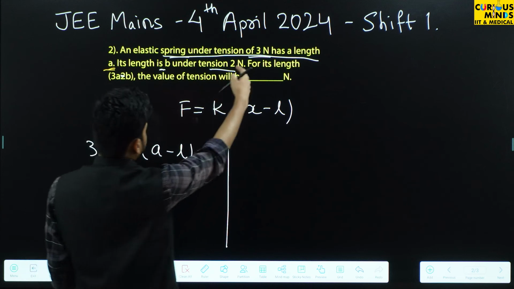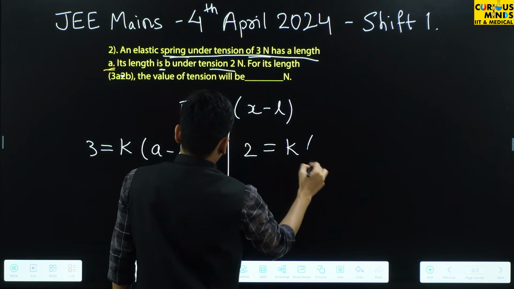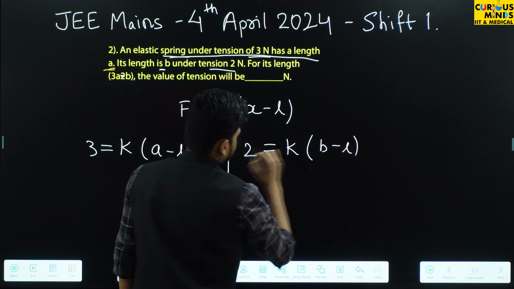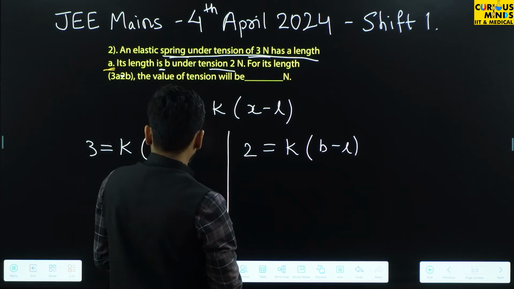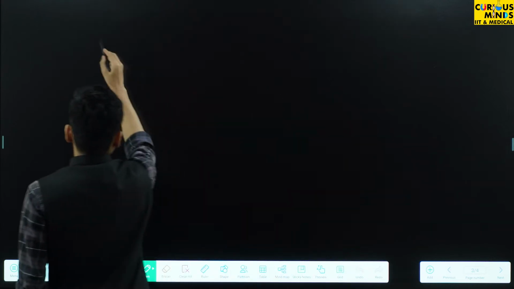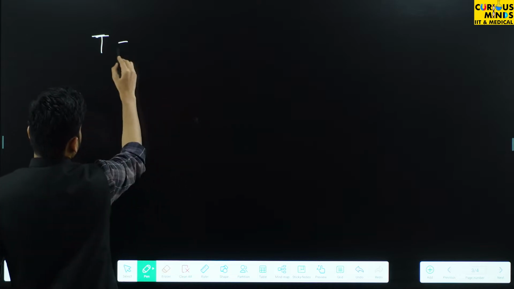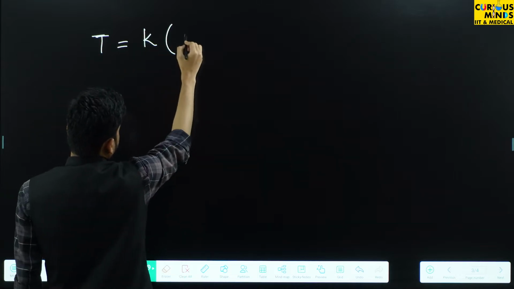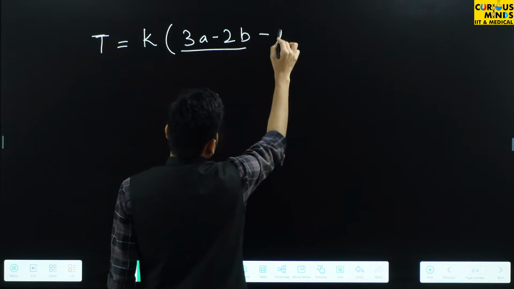Similarly, the second equation is 2 is equal to K into (b minus L). Now what they want us to find is the tension T that is required to have the corresponding length as 3a minus 2b.